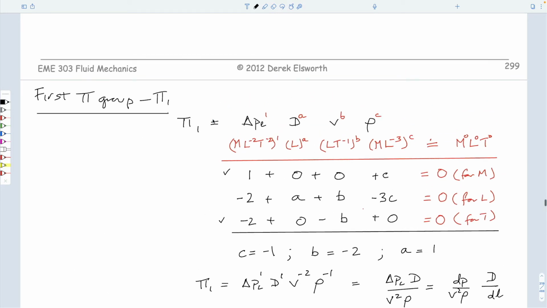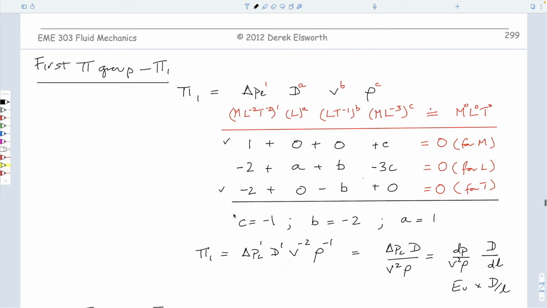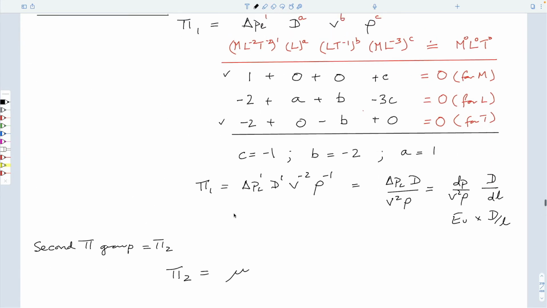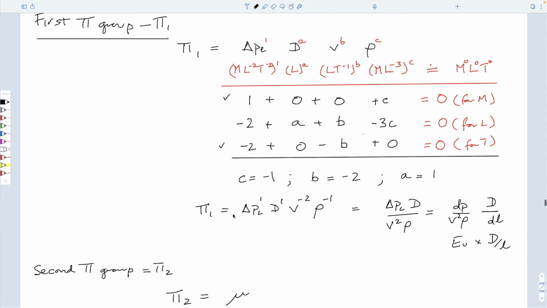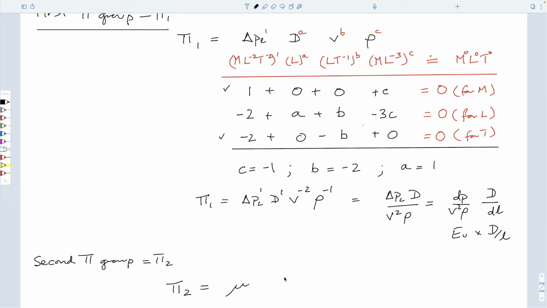and we'll write it out just like this. It's going to be pi 2. We're going to use the new parameter, which was viscosity. I want to keep them both on the screen. These repeating variables, this is d, this is v, and this is rho.